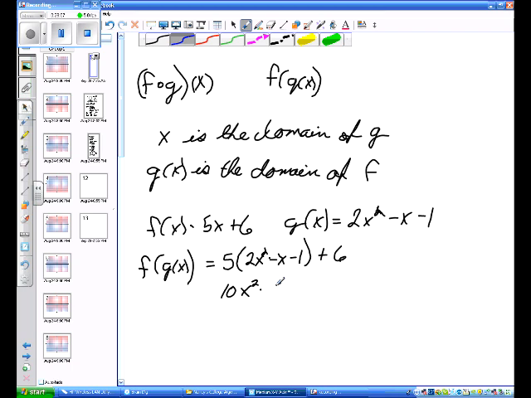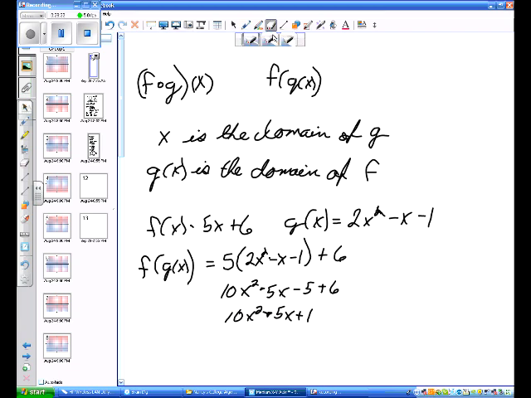So we would have 10x squared minus 5x minus 5 plus 6, which gives us 10x squared minus 5x plus 1. And we have our composition of our function where we would take one function, substitute it into a different function, and come up with a new value.